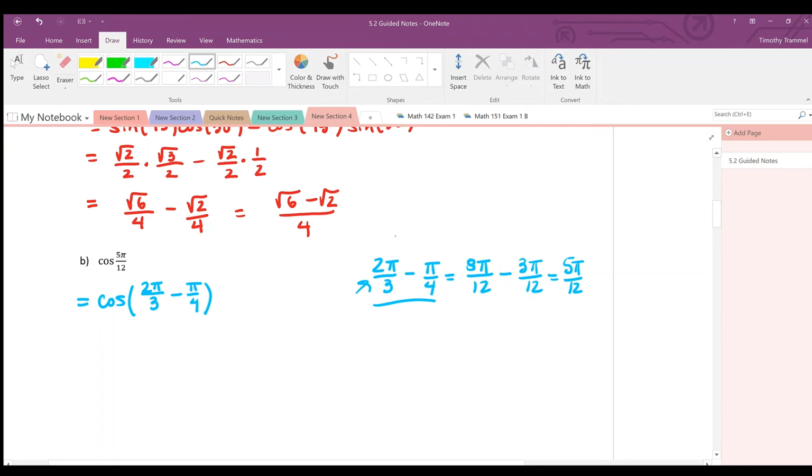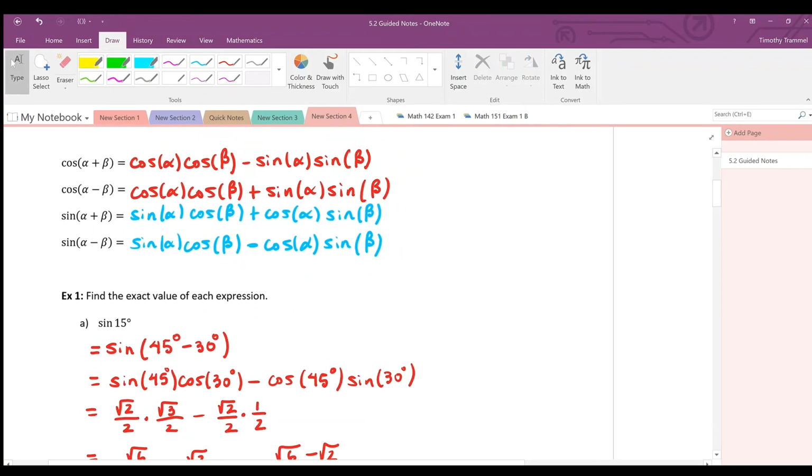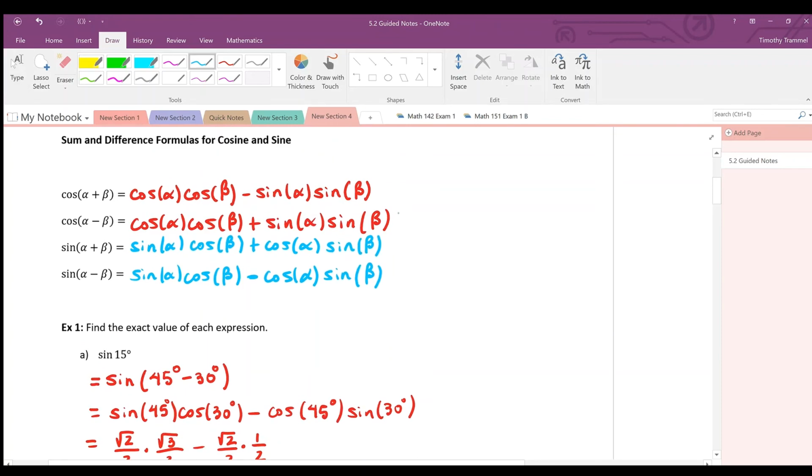Okay. Now this isn't helpful yet because we haven't applied our new trig identity, or one of the new trig identities. And if we move up here a little bit, we can see what this looks like. If you have cosine of a difference, we are using this formula here. It should be cosine of the first angle times cosine of the second angle plus sine of the first angle times sine of the second angle.